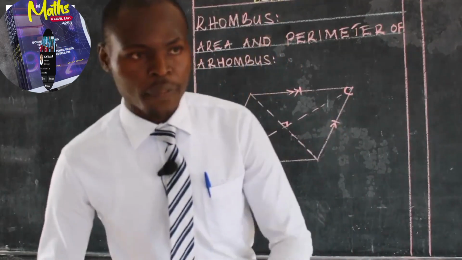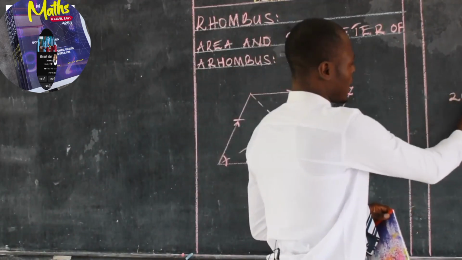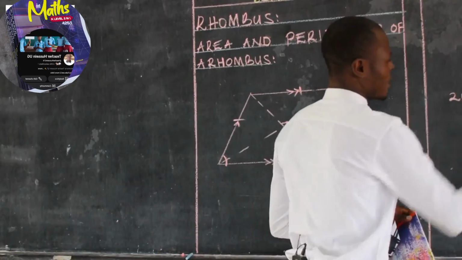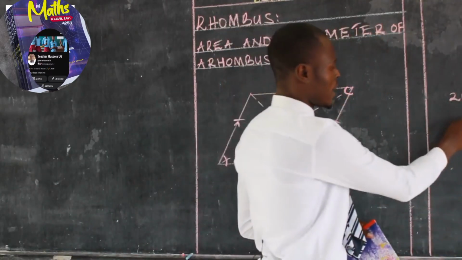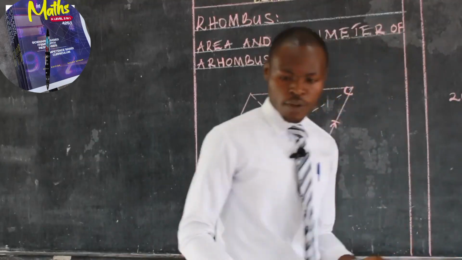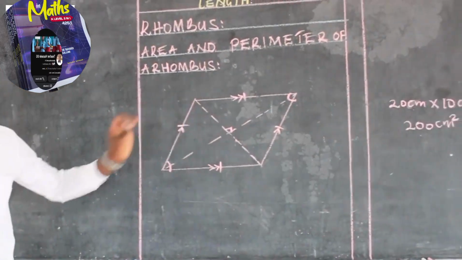They are centimeters, 20 and 10, giving us a total of 200 square centimeters. That's not the case here. The case in this instance is this rhombus.